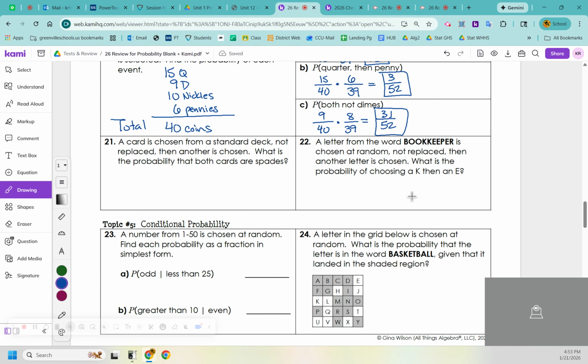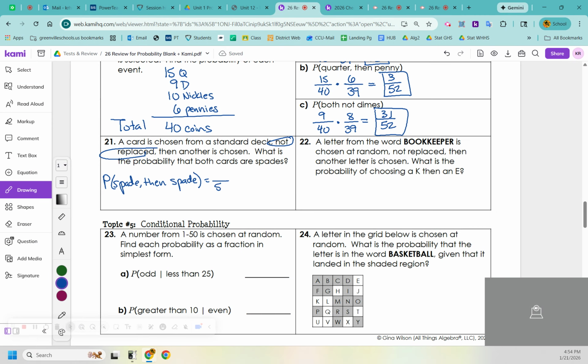Last 2, and I'll end this video and start the last one. A card is chosen from a standard deck, not replaced. That means dependent. Then another one is chosen. What is the probability that both cards are a spade? So if this was written out, probability of a spade, then another spade.